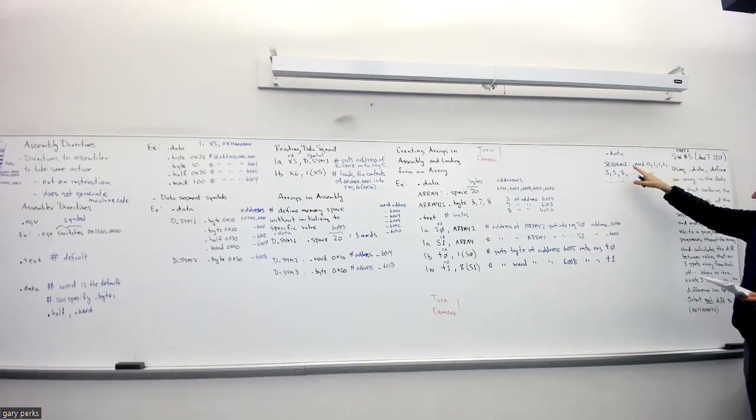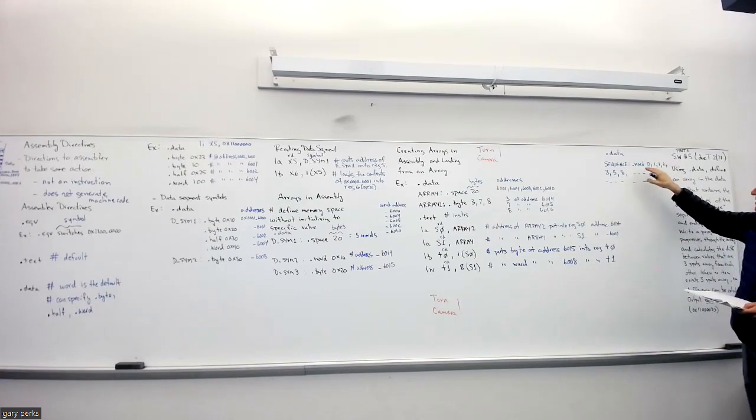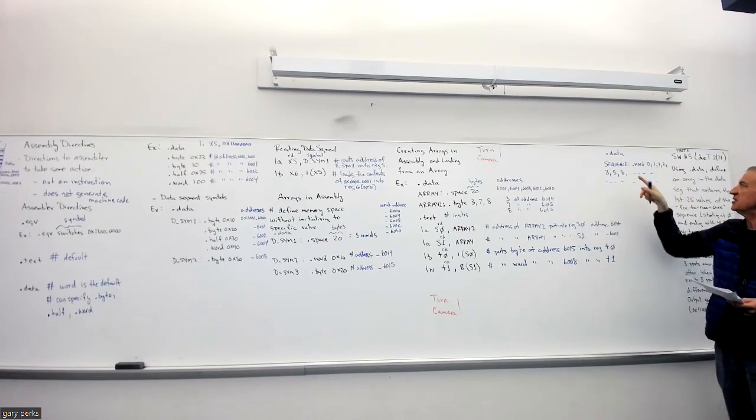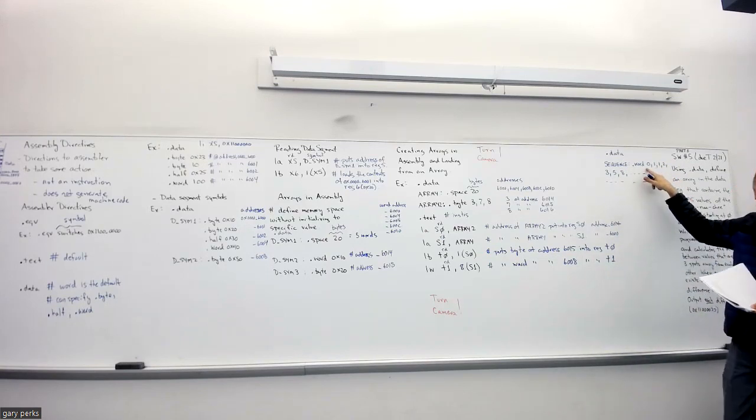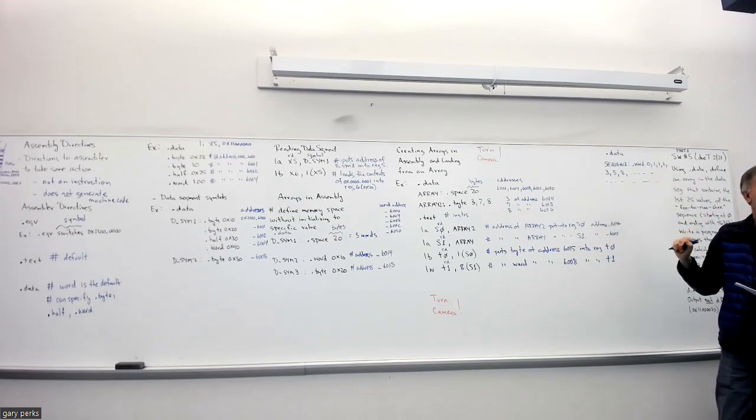You're going to put the first 25 numbers of that sequence. And this will put it into the data segment starting at address 6000. Since this is defined as words, it's going to be word addresses, right? This would be at address 6000, 6004, 6008, 600C, and so on.